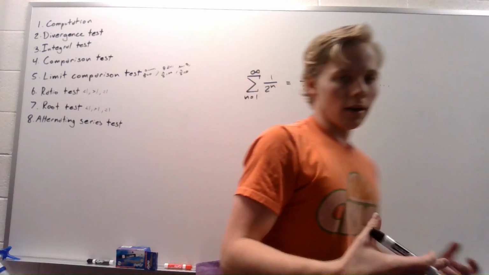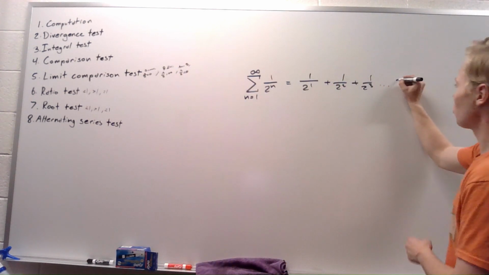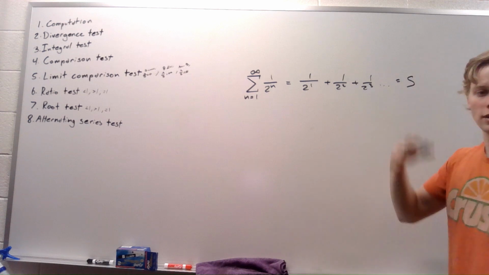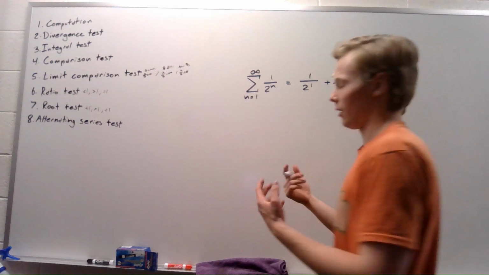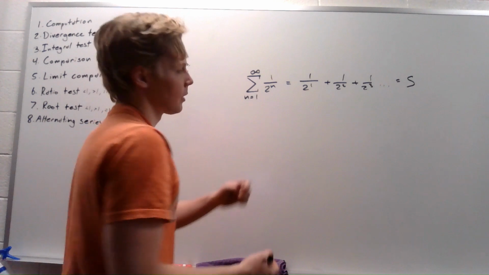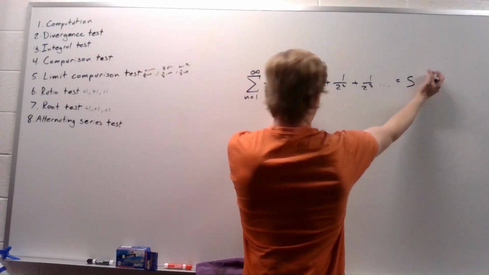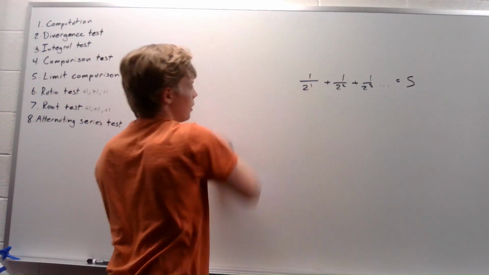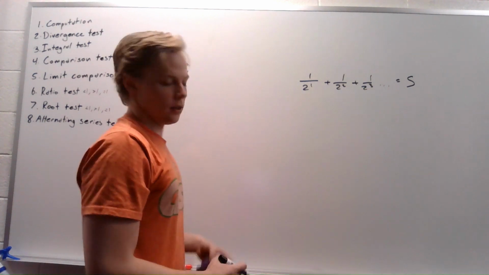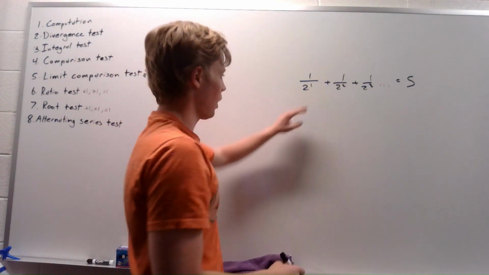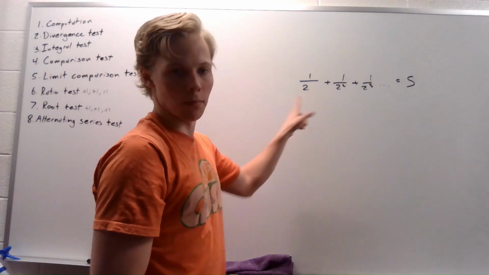And so the trick here is to say, let's just have this equal to some s. And we don't know what s is yet, but we can figure it out. So right here we have this. And so using the rules of algebra, we can subtract 1 over 2 from both sides.